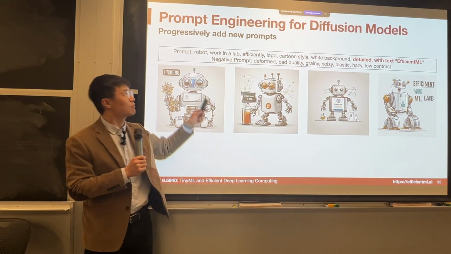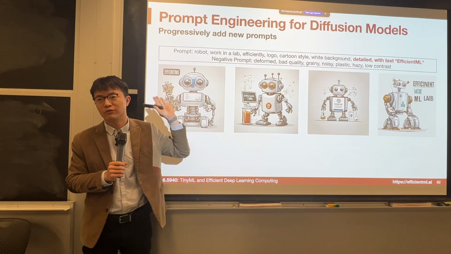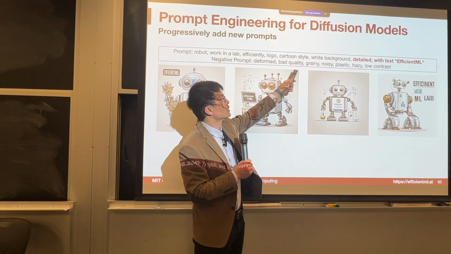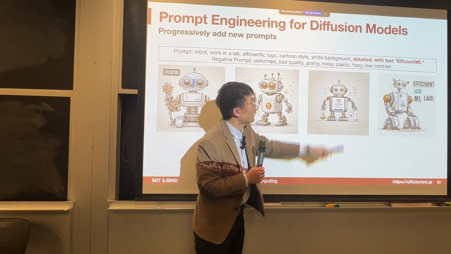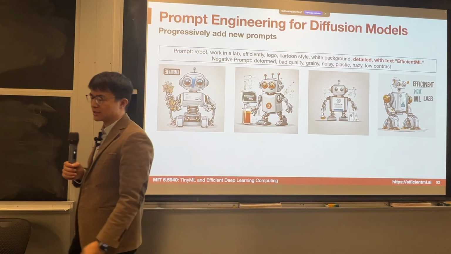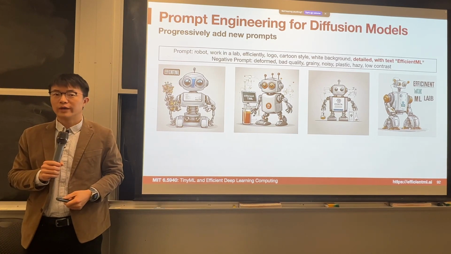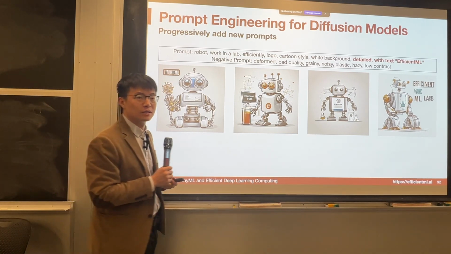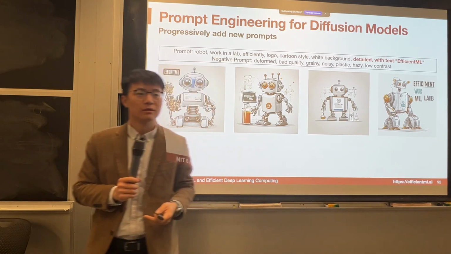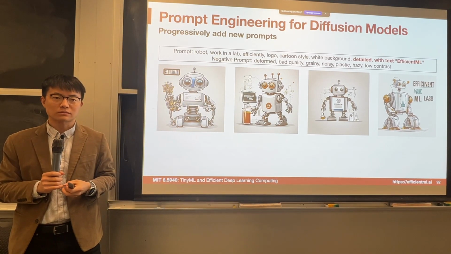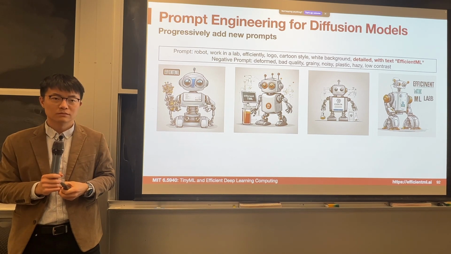And usually you can give some negative prompts to avoid deformed, bad quality, grainy, noisy, plastic, hazy, low contrast, for example. So giving negative prompts is also a good way to improve your quality. If you add too many words, the first couple or the last couple matter most.